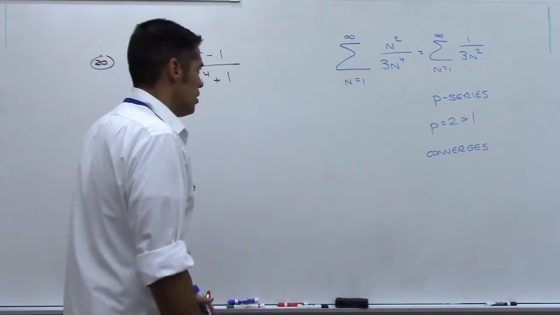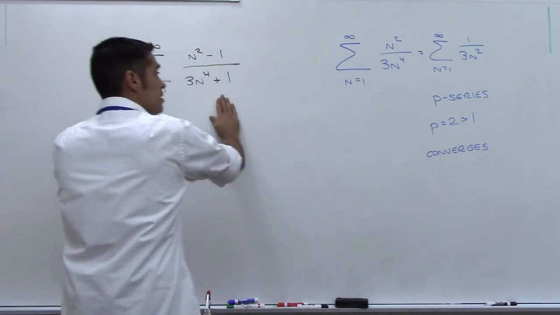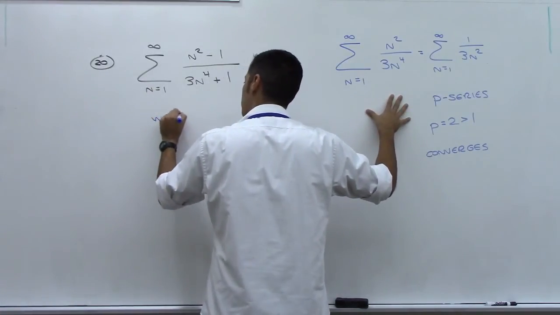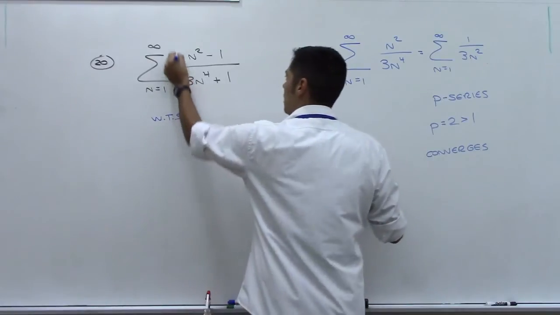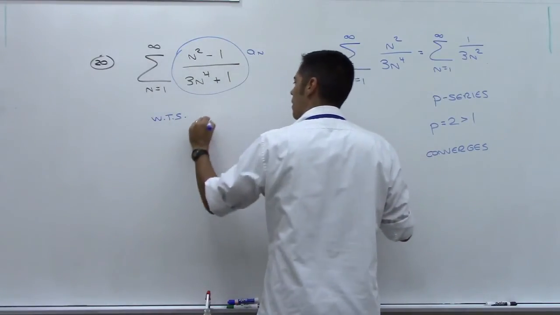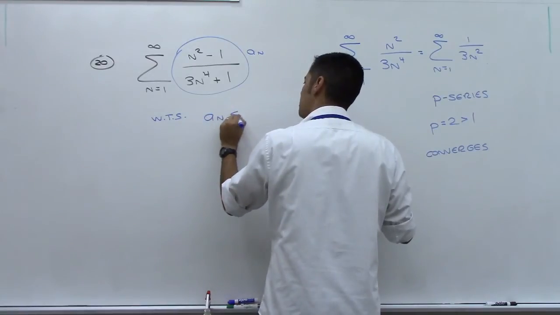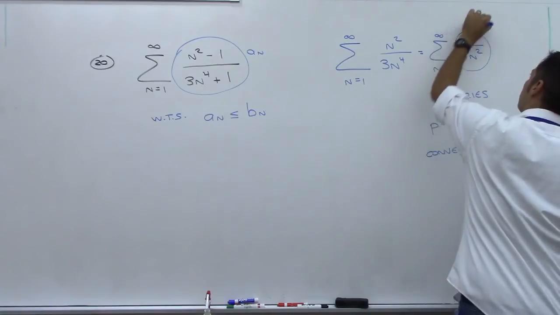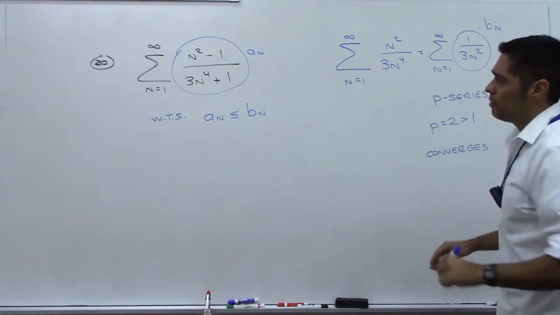So what is it that I want to show if I'm comparing my series to a convergent series? Well, I want to show that my sequence, a sub n, always stays smaller than or equal to b sub n, where b sub n is this one. I'll also check real quick.